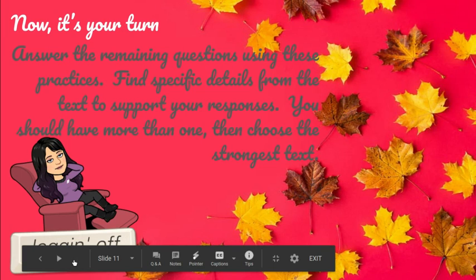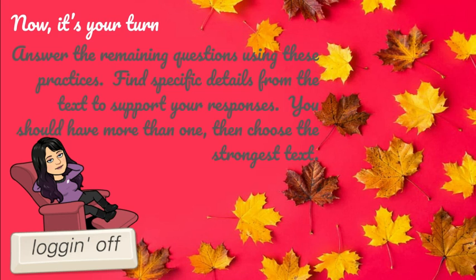You know me. All right, so now it is your turn, and you are to answer the remaining questions using these practices. Find specific details from the text to support your responses. You should have more than one, and then choose the strongest text.